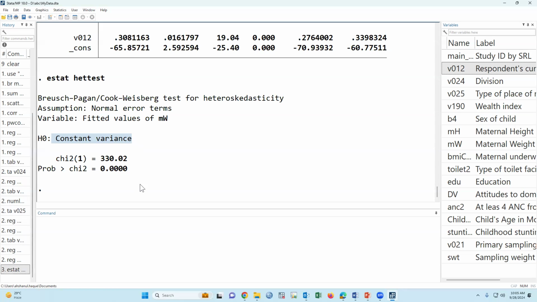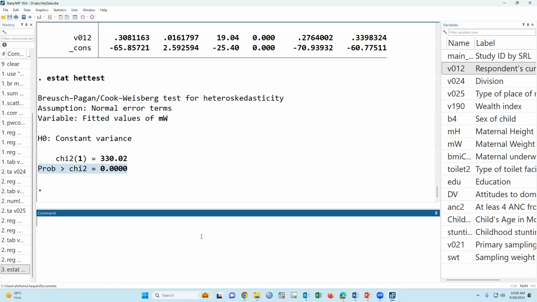But remember, please, there is a problem in regression analysis. If the sample size is large, then most diagnostic tests will be significant. In this situation, obviously, we have to use graphical representation. How to check the graphical representation? Just type predict.